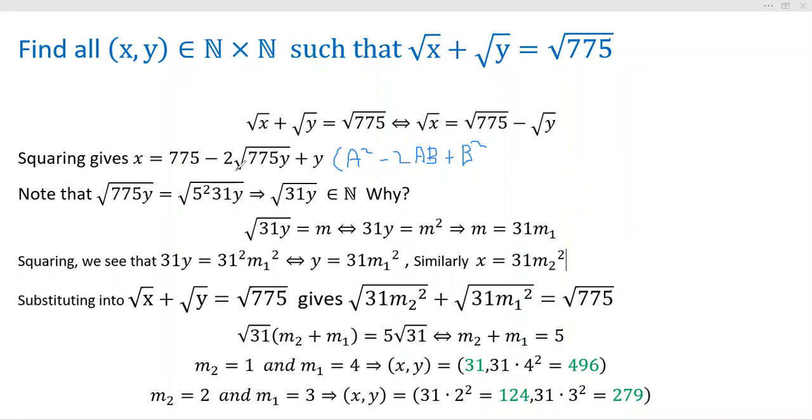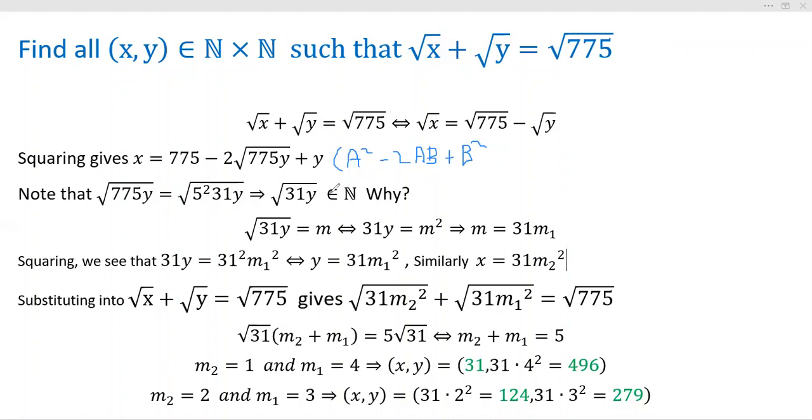Now, everything inside here is an integer. x is a natural number, y is a natural number, everything else is a natural number. So what we can do right here is rewrite this radicand in its prime factorization. It's real quick to see that 25 is a divisor of 775, and 31 is a prime factor here. Because everything is a natural number, this entire piece has to be a natural number.